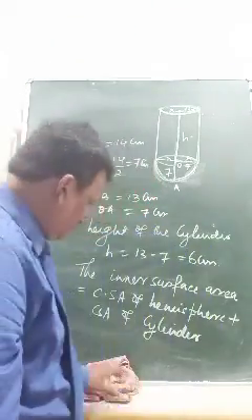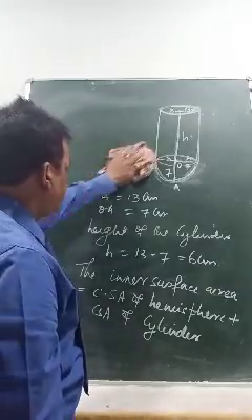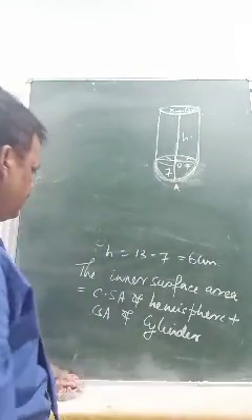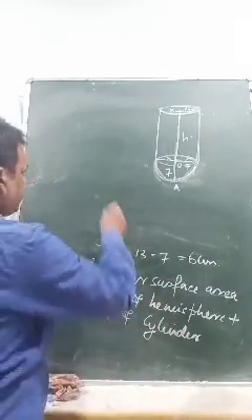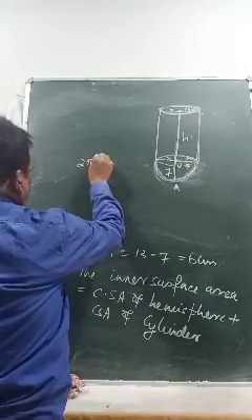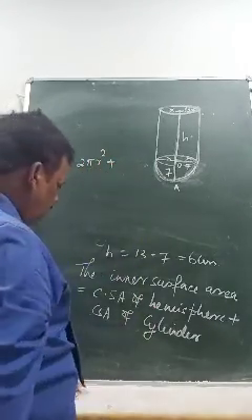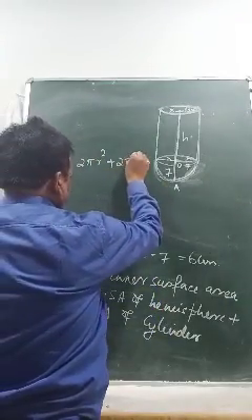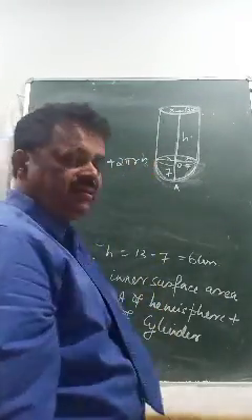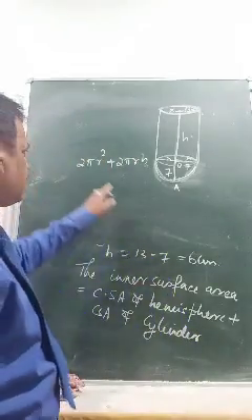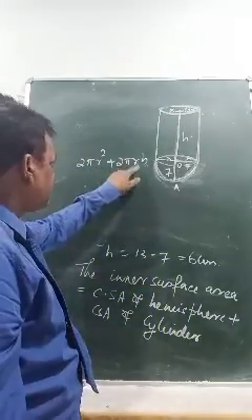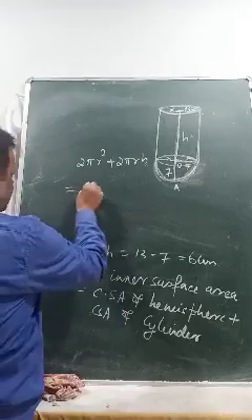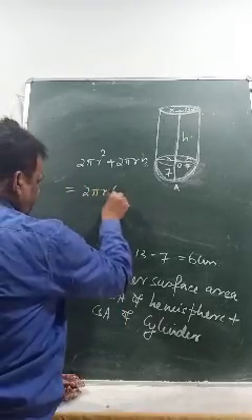Okay, then what are you going to write? What is the formula? Curved surface area of hemisphere, 2 pi r square. What is curved surface of cylinder? 2 pi r h. So there is an easy method to solve. First you take the common. What is common here? 2 pi r common. What is left out?